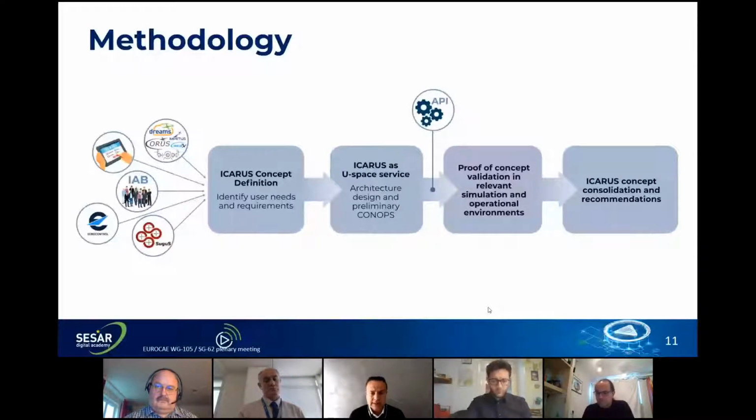At the end of these exercises, we will have a consolidation of our concept and a final concept of operations with the lessons learned and recommendations.